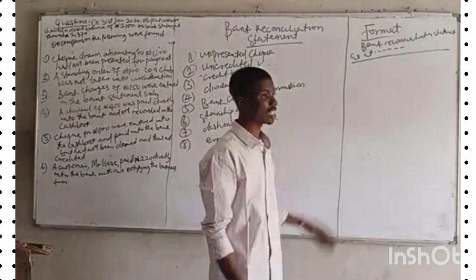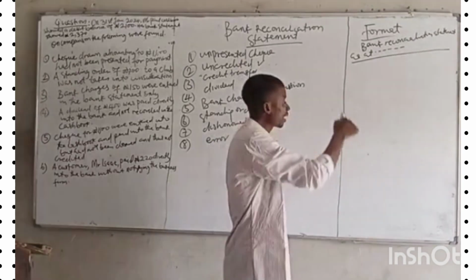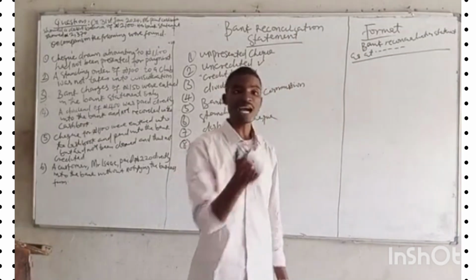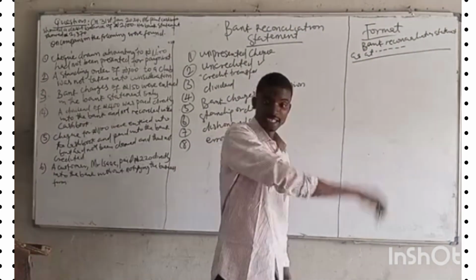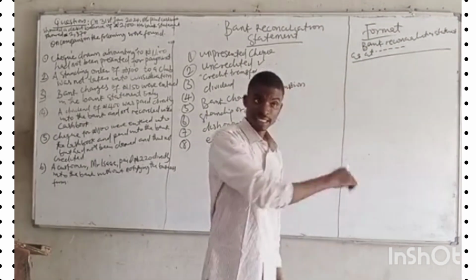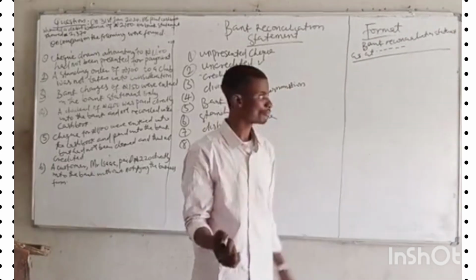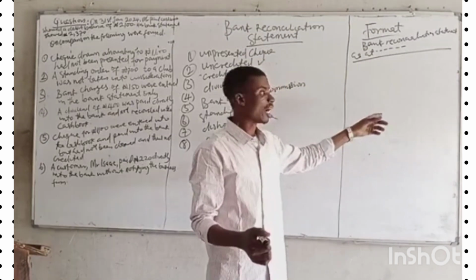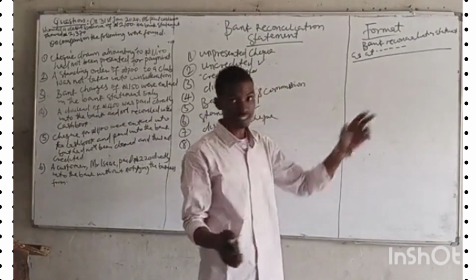So if you are starting with balance as per cash book, the implication is that you are going to add the unpresented check. You are going to add the credit transfer, the dividend, and the undercasting of the receipt side of the cash book.